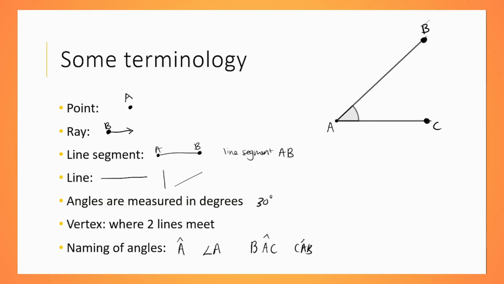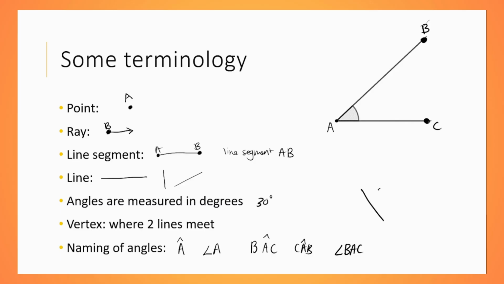The order doesn't really matter here. But the one in the middle, the one that has the hat, is at which point you have the angle. Or of course you could put the angle symbol in front, so angle BAC like that.